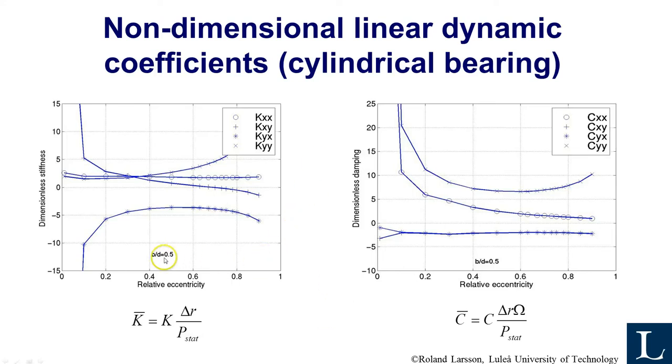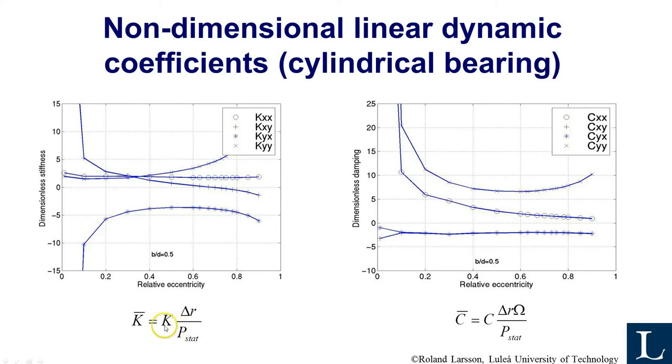For example, for a width to diameter ratio of 0.5, as we discussed earlier, you can compute non-dimensional stiffness and damping numbers, so you don't need to recompute them for another bearing size. And they are functions of the eccentricity only. This diagram can be used to study the stability problem.